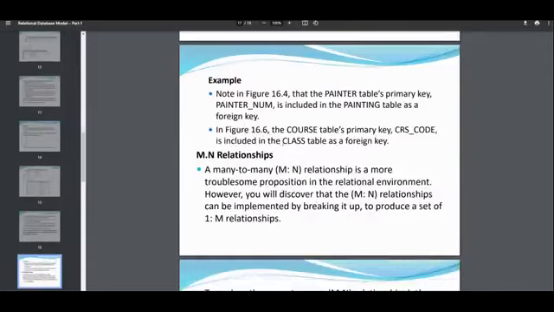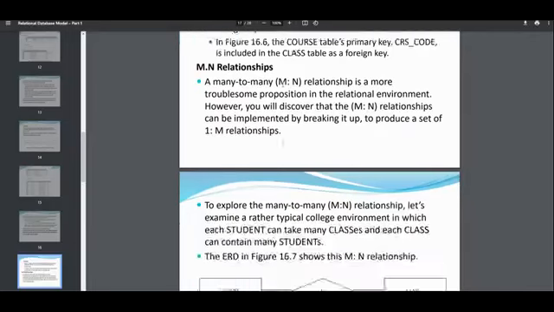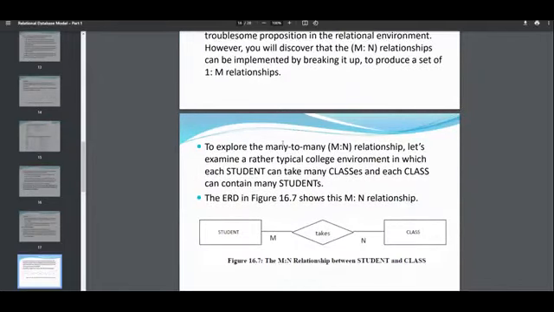And the next example, many-to-many relationships. So this kind of example. We are trying to study and learn relationship types in a detailed way here, right?